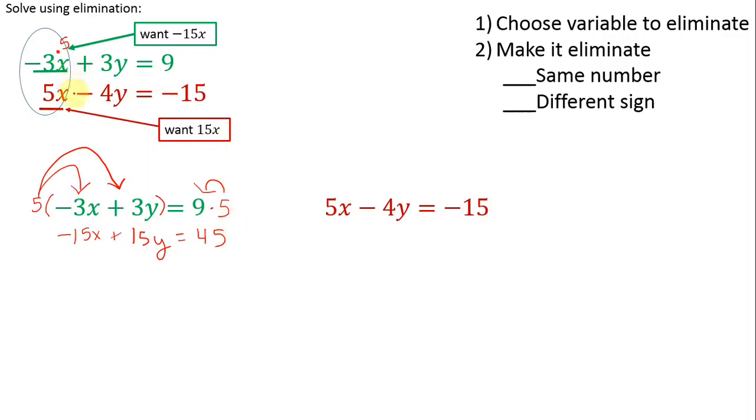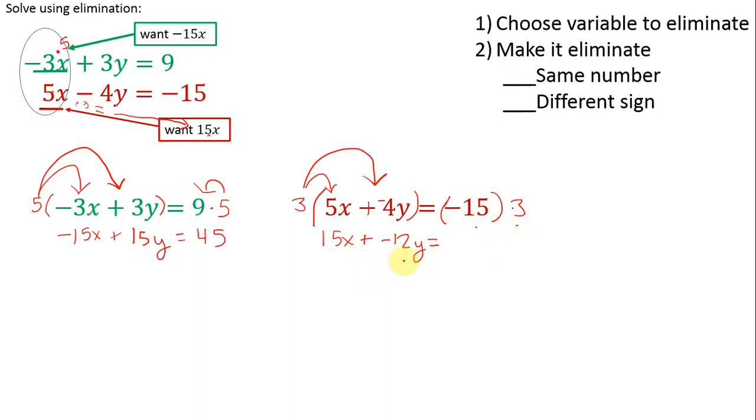And my other equation, I've got 5x, I want positive 15x, and I know that 5x times 3 would get me my positive 15x. So I'm going to multiply every term in this equation by positive 3. 3 times 5x will get me 15x. 3 times negative 4y will get me negative 12y.